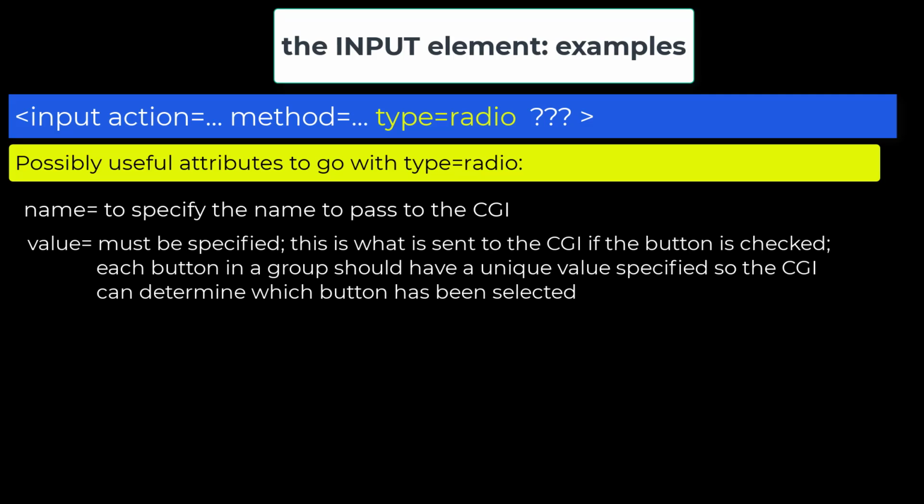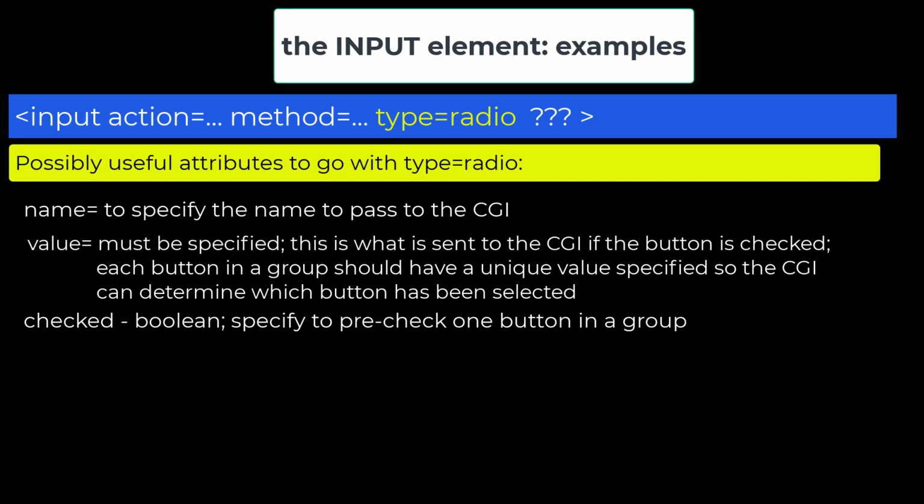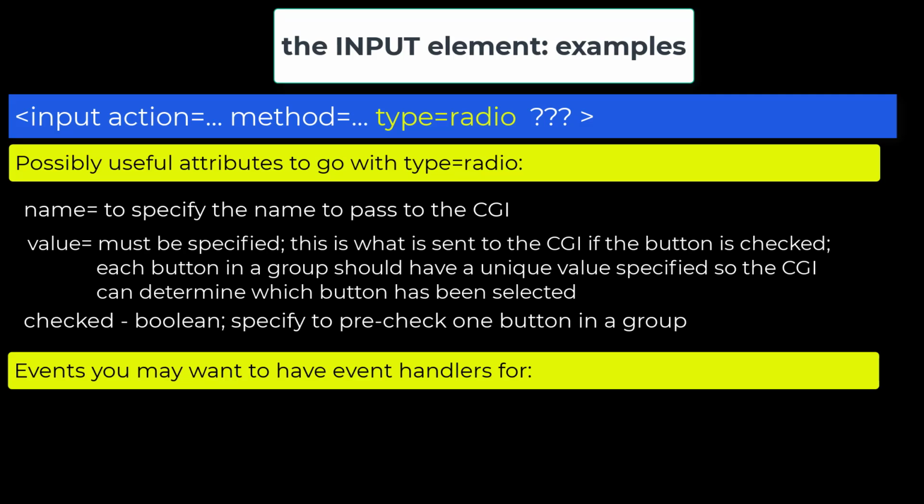Value equal must be specified. This is what is sent back to the CGI if the button is checked. Each button in a group should have a unique value specified, so the CGI can determine which button has been selected. Checked Boolean attribute, you can specify to preset one button in a group. Events you may want to provide handlers for, click and change.